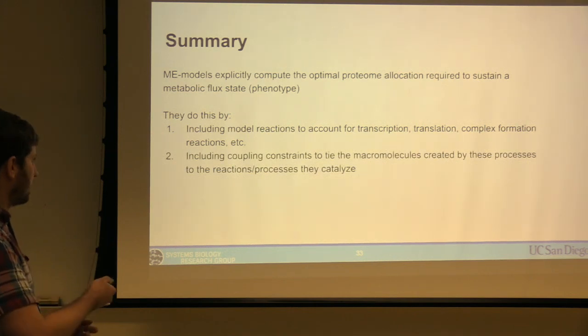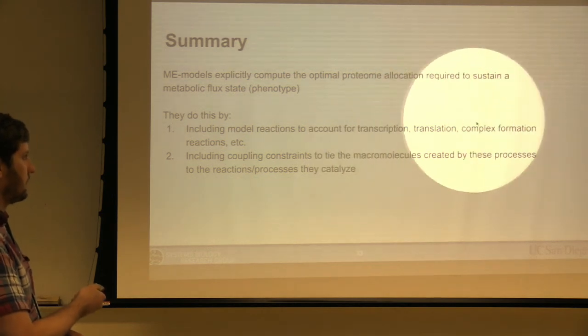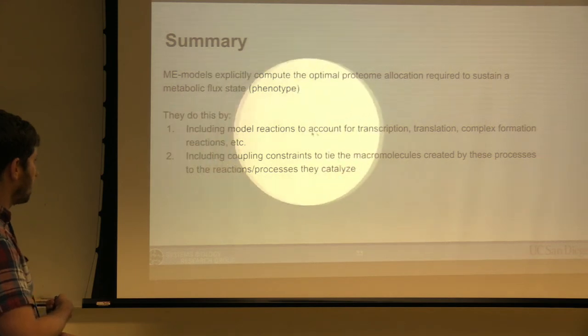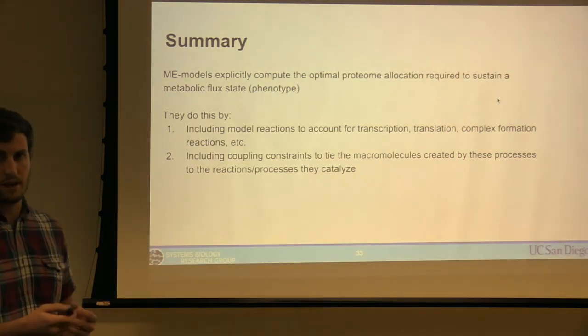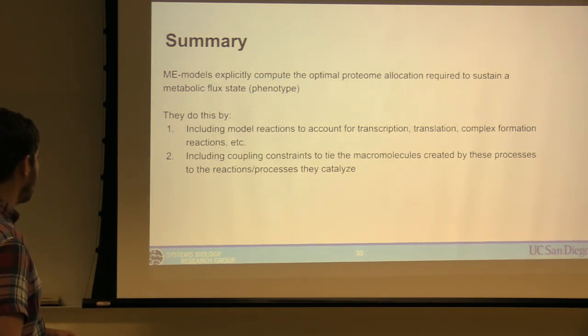And in order to link all these different major processes together on different timescales, you have to develop coupling constraints to tie the macromolecules created by these processes to the reactions that they actually catalyze, which is a very important thing to get right, as we showed.